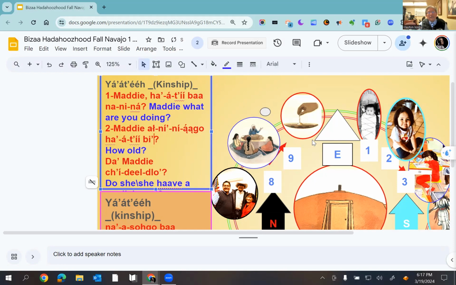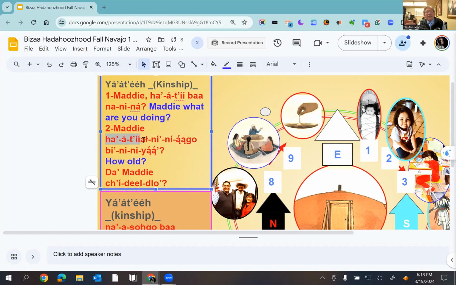Bit ne, hat e bit ne, hat e bit ne. No question. All right, so a little bit longer, but we're okay with that. All right, Maddie, hati ago. We could maybe just keep that pattern.